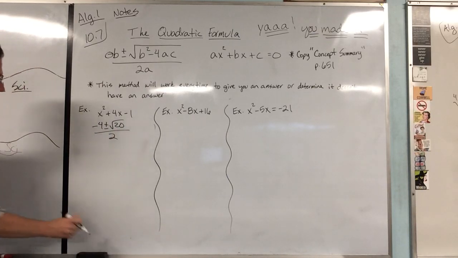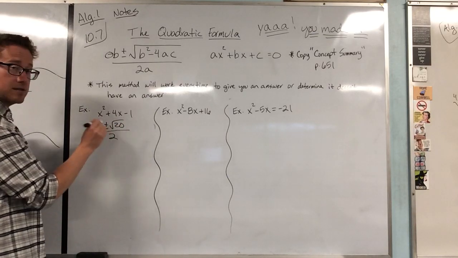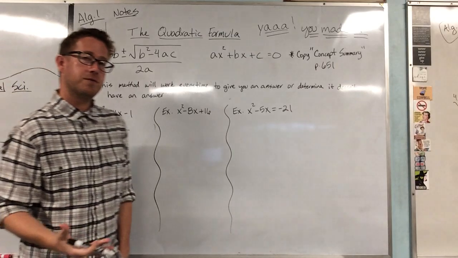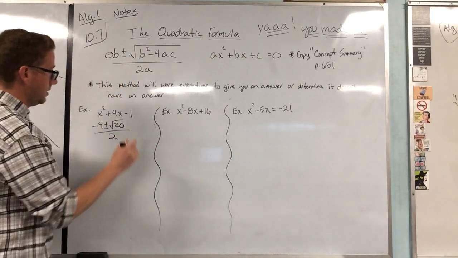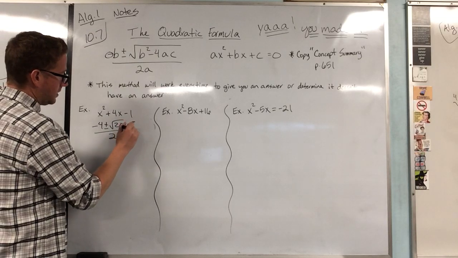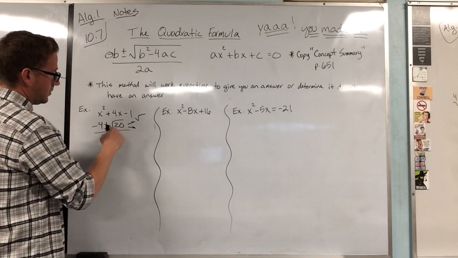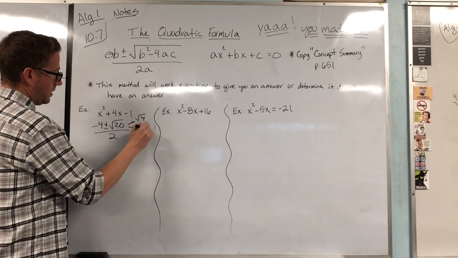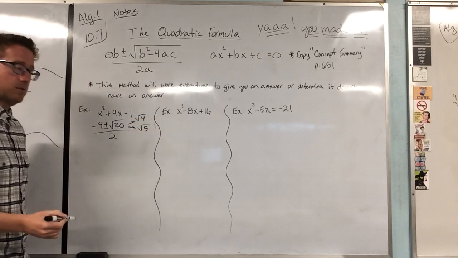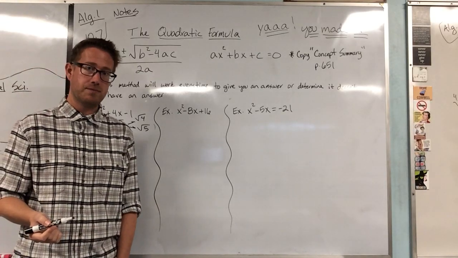Alright, now the reason why I wanted to clear out some space, I wanted you guys to see that that square root of 20, it's not a perfect square, but we can reduce it. Remember how we reduced radicals? So off to the side here, square root of 20 is the same thing as saying square root of 4 and then square root of 5. We're breaking it down like a factor tree, okay?